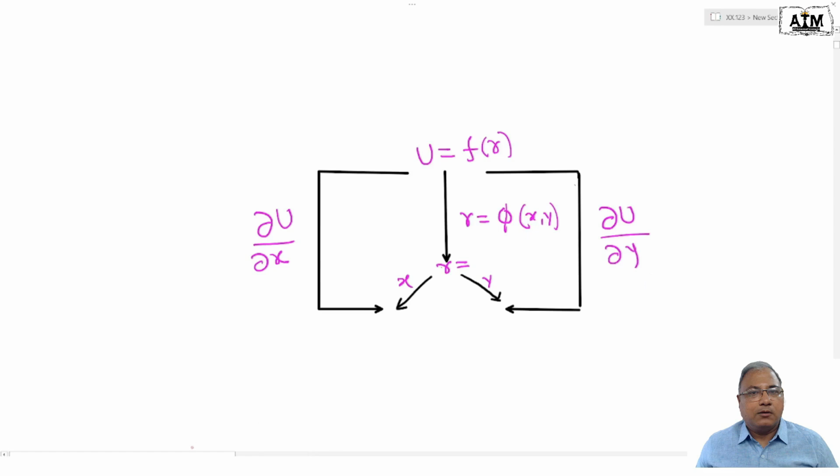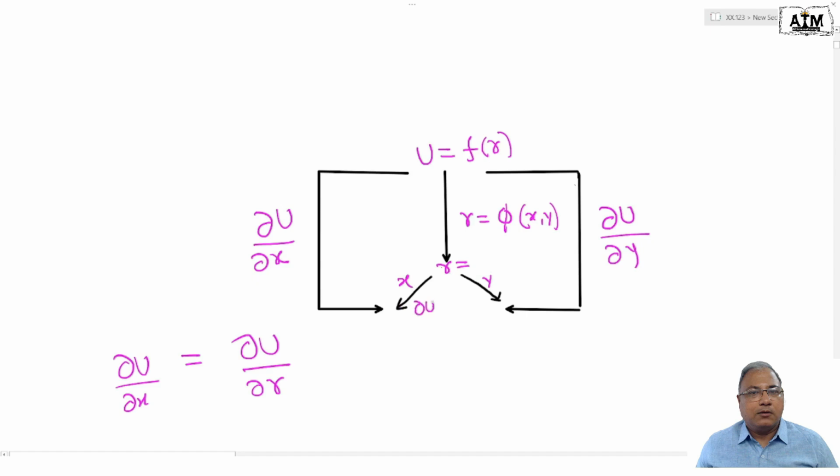This can be obtained by using chain rule of partial derivative. That is, if you wish to find the partial derivative of u with respect to x, first you have to find out partial derivative of u with respect to r, because u depends upon r, but r also depends upon x.